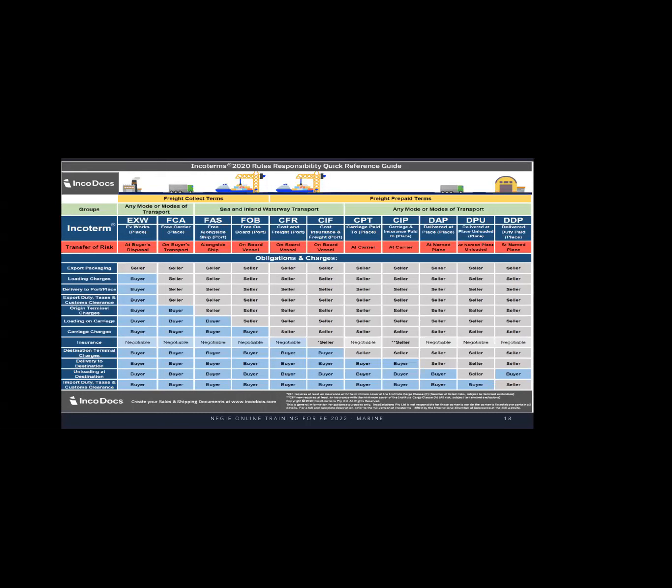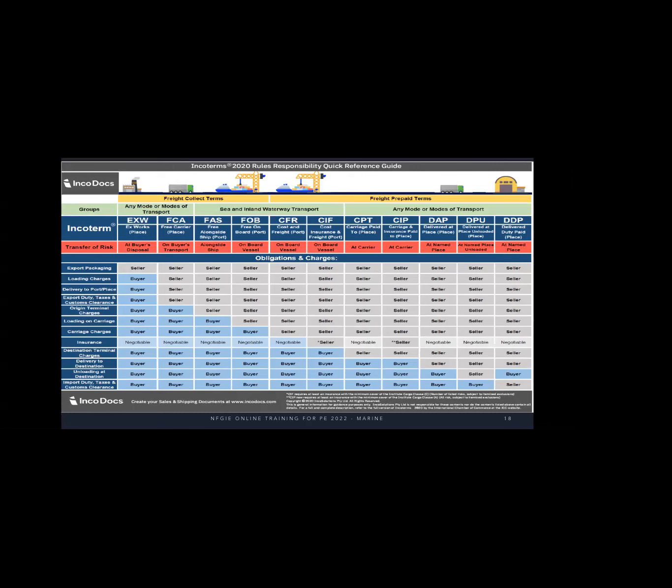Actually, what they have meant is that CPT and CIP are similar to FAS, FOB, CFR, and CIF. That is, at the port of loading. But they have mentioned it as at carrier.